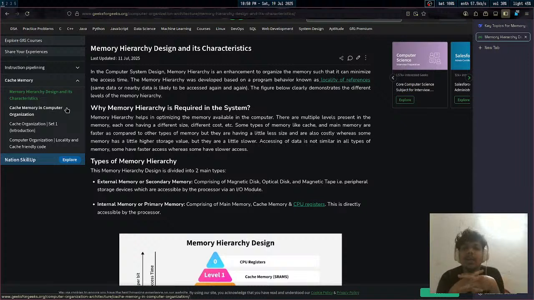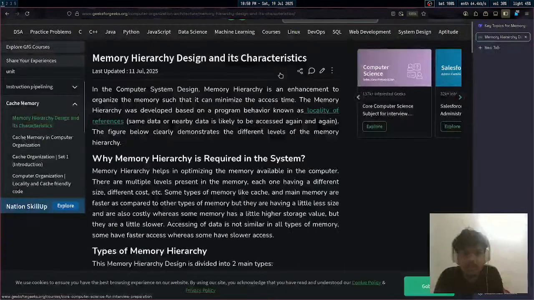Memory hierarchy design and its characteristics. In computer system design, memory hierarchy is an enhancement to organize memory such that it can minimize the access time.